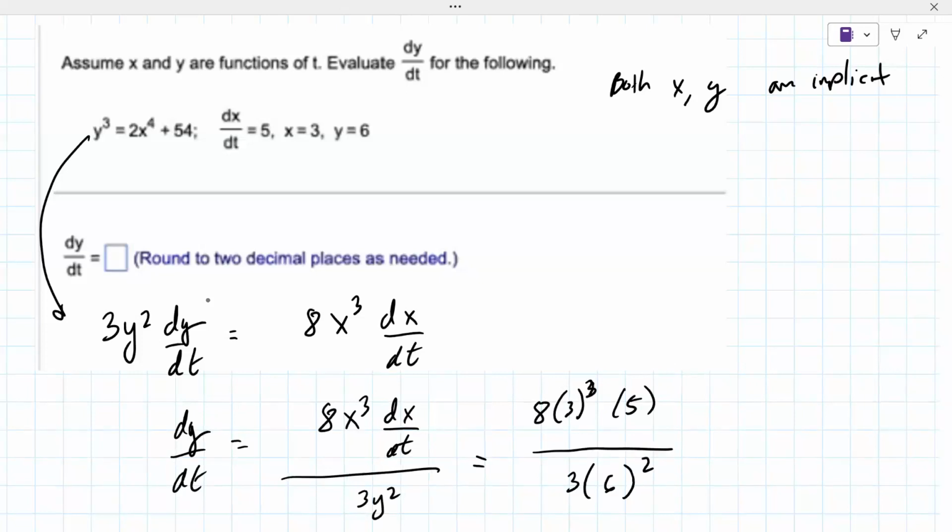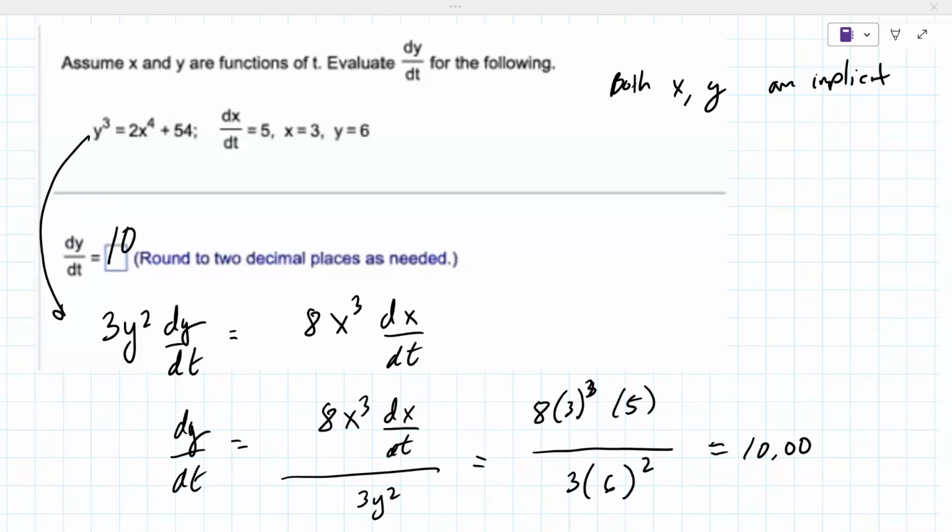You're plugging those numbers in, and this one kind of worked out better than the last. So we had 8 times 3 cubed times 5 divided by 3 times 6. So it ends up being 10. I don't know why you would have to round. It says as needed. So just 10.